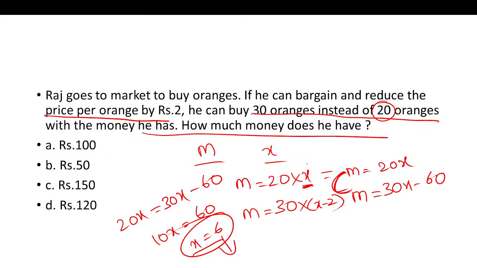X is nothing but the cost per orange. In the first case, cost per orange 6 rupees, and he was buying totally 20. 20 into 6. Totally how much money he has? 120 rupees.